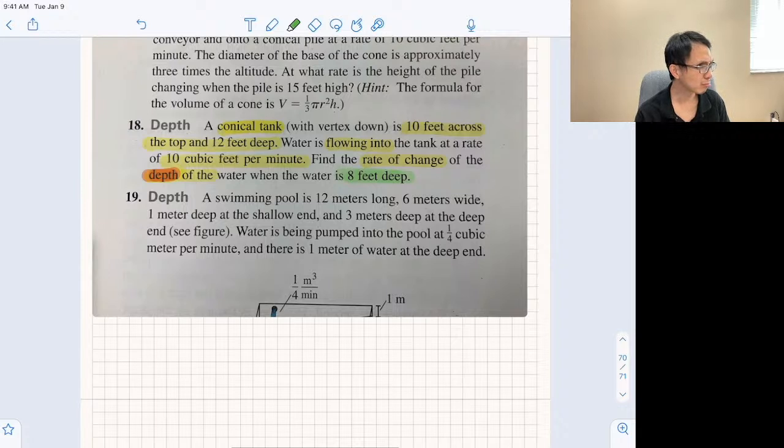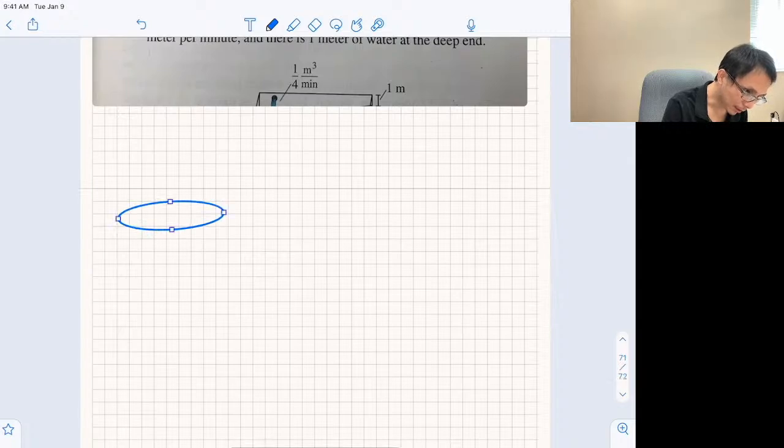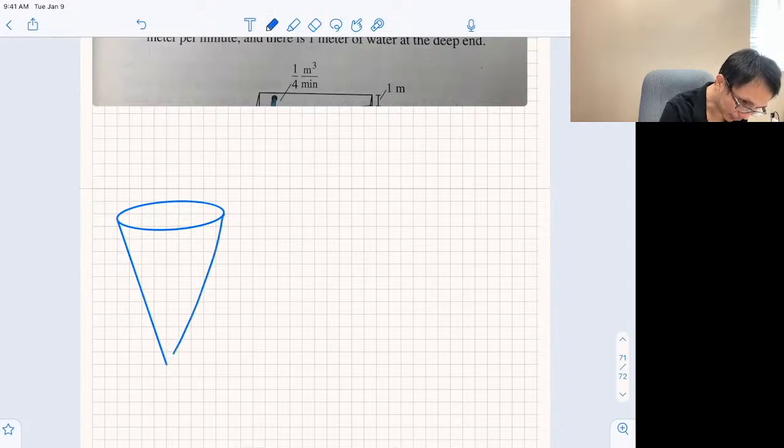Am I going too fast? Did you guys draw a picture? Yeah, it should look something like this. Okay, so I'm going to draw another line from here to here.